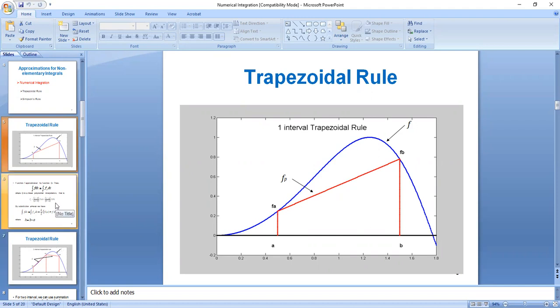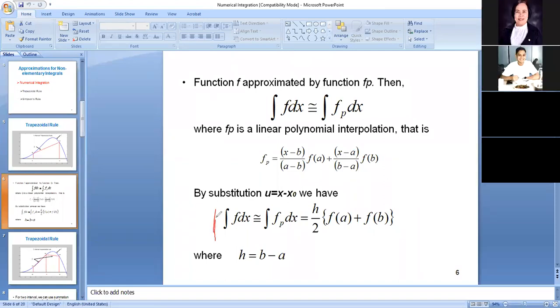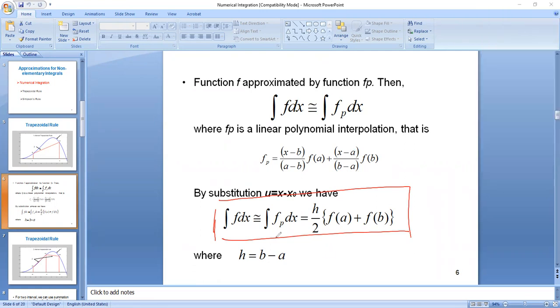What's your formula for the area under the curve using the trapezoidal rule? The formula is this one. I'd like you to look at this. Never mind the derivation of the said formula, let's just focus on the formula itself.